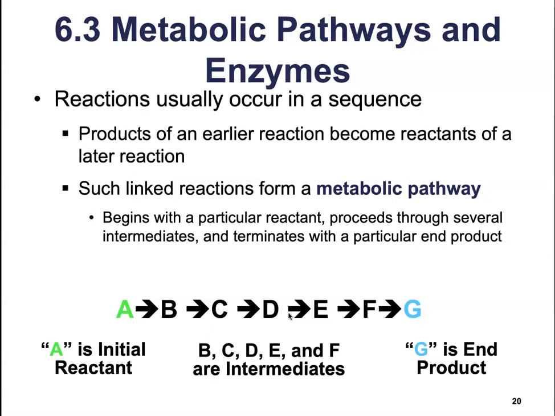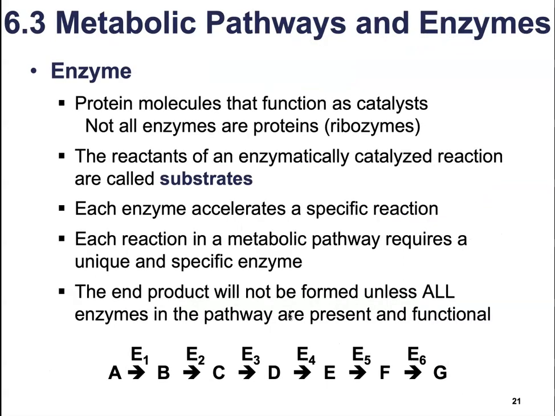Okay, so let's move on from there, because there's more. If we look at that same metabolic pathway down here, you can see now we added something. This is enzyme 1, enzyme 2, enzyme 3. Each reaction within this metabolic pathway is catalyzed by a specific enzyme, okay? Again, super important.